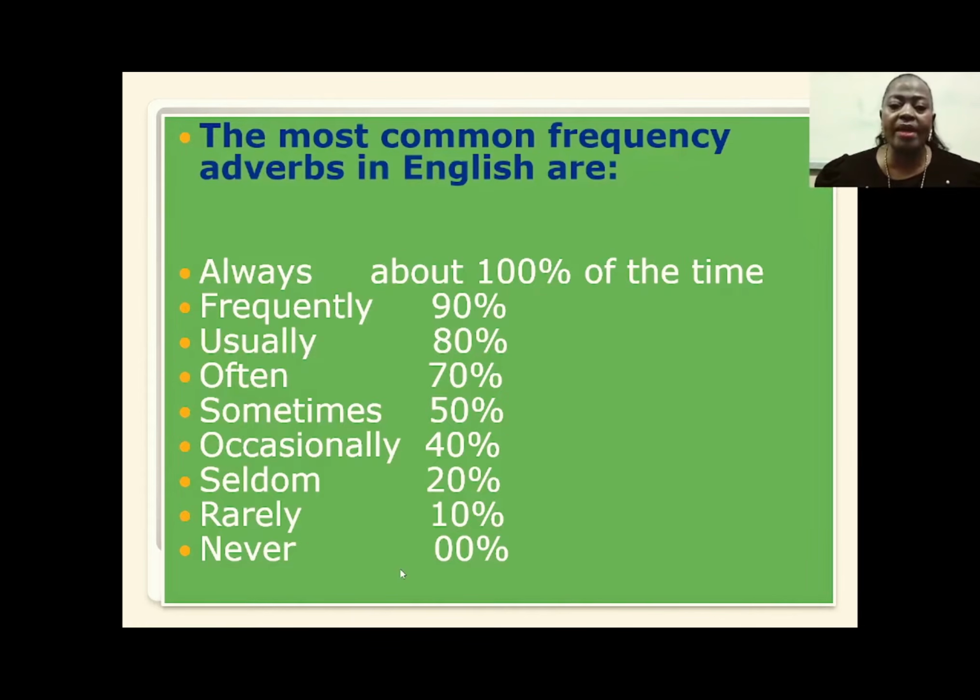If you use the word always, it means it's something that you do 100% of the time. Frequently is about 90%. Something that you do 90% of the time, not all the time, not always.